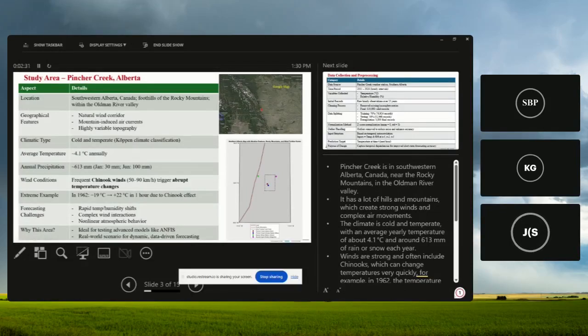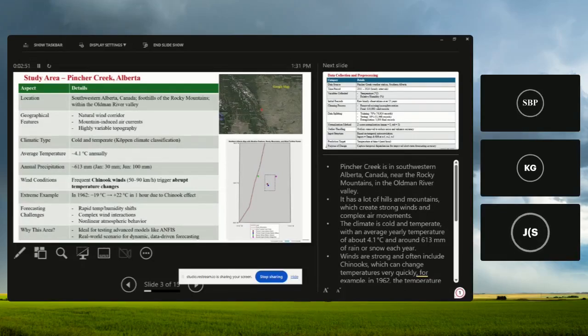Pincher Creek is in the domain of the Oldman River Valley. The geographic features are a natural wind corridor, mountain-induced air currents, and high topographic variability. The area is cold and temperate in the Köppen climate classification.